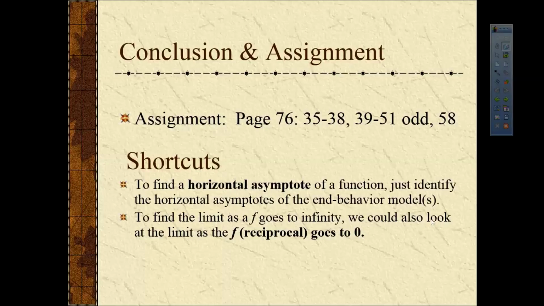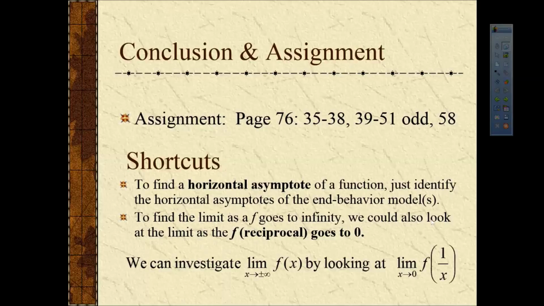If you want to find the limit of a function as x goes to infinity, we could look at the limit of f of the reciprocal as it goes to 0. As an example, if we wanted to know the limit as x goes to infinity of f of x, we could look at what happens to f of 1 over x as x goes to 0.